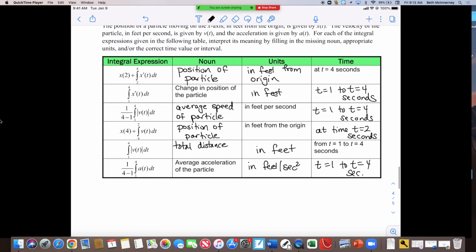All right, when you're ready, here's the rest of the table.